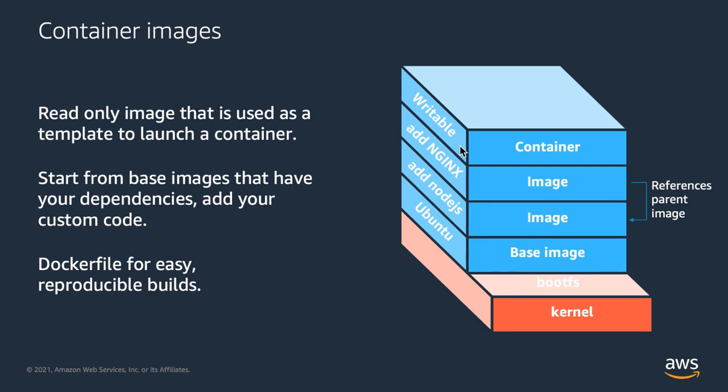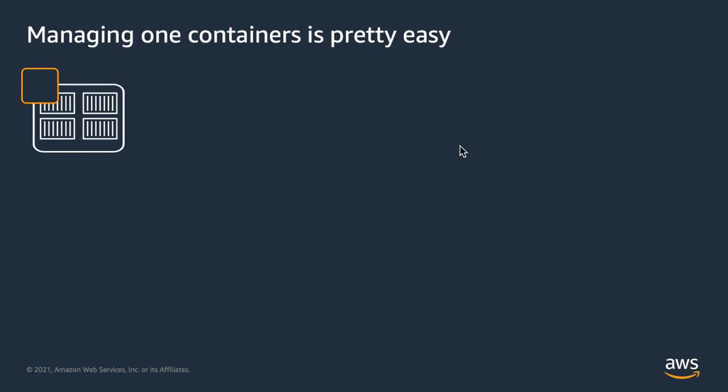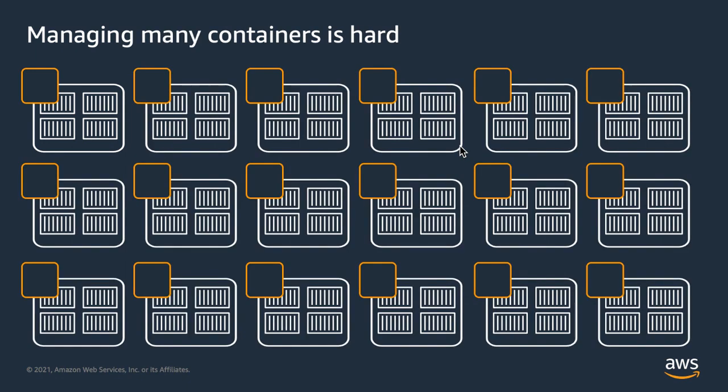Okay, I'm going to move forward. But now the question is, we have defined a single unit. A container is a single unit, right, which we understand and which is well defined. So managing a single unit is pretty easy, correct? But if I say that to run your application, you probably need hundreds of containers.